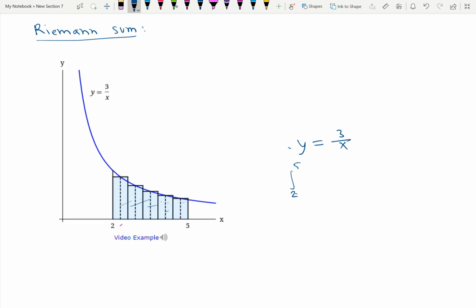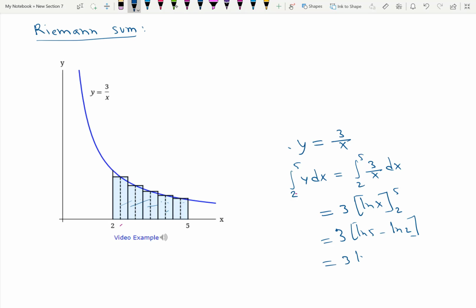So the integral from 2 to 5 of y dx is the integral from 2 to 5 of 3 over x dx. If we integrate, it becomes ln of x from 2 to 5. So 3 times ln of 5 minus ln of 2, which is 3 times ln of 2.5. So this is the exact result.